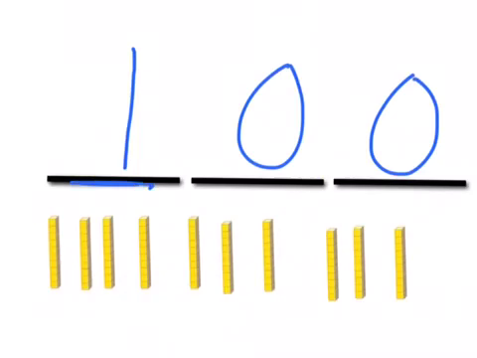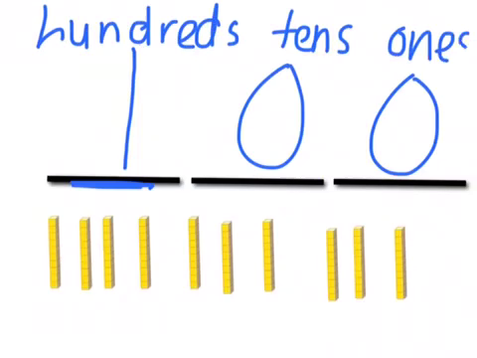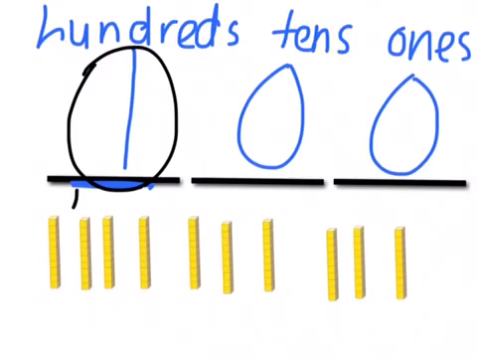So now this column we've started using, it's called the hundreds column. This is still the tens column here, and this is still the ones column. So this number 1 here does not have the value of 1, it has a value of 100 because it's in the hundreds column.